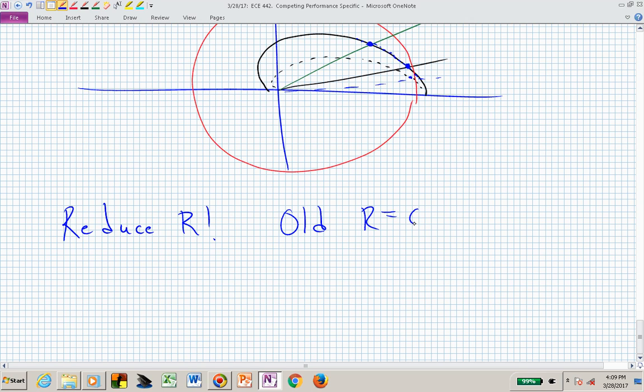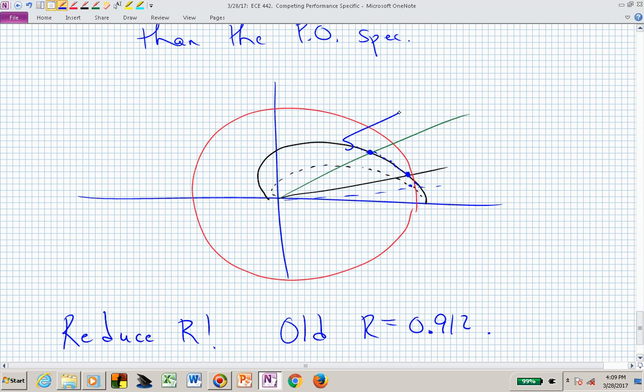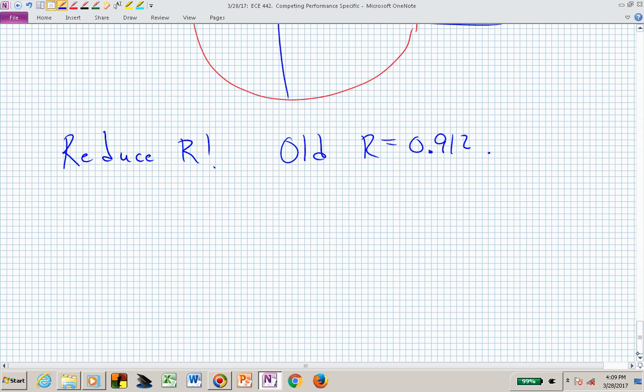Our old r was 0.912. And what we want to now show is what r can we find that will allow us to stay on this same damping ratio logarithmic spiral curve of 0.456 and yet reduce the radius, and by doing that we now make the angle bigger or allow us to achieve our settling time spec.